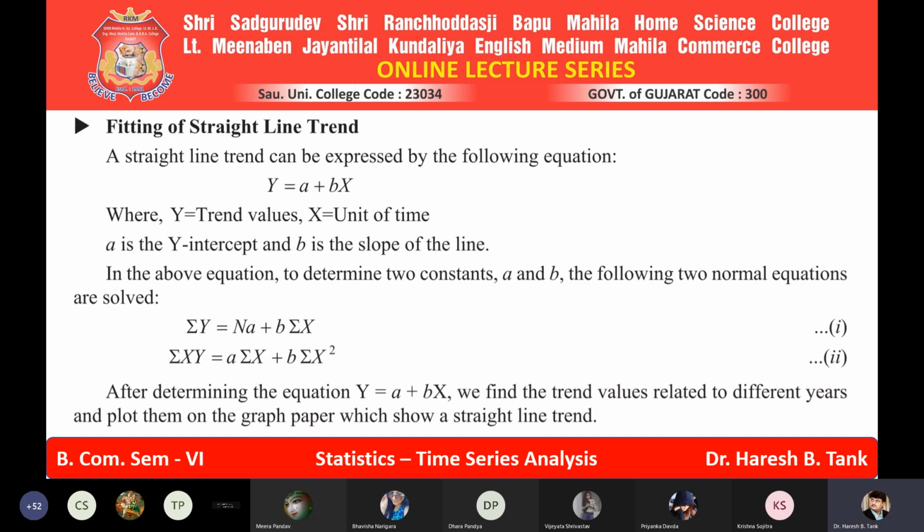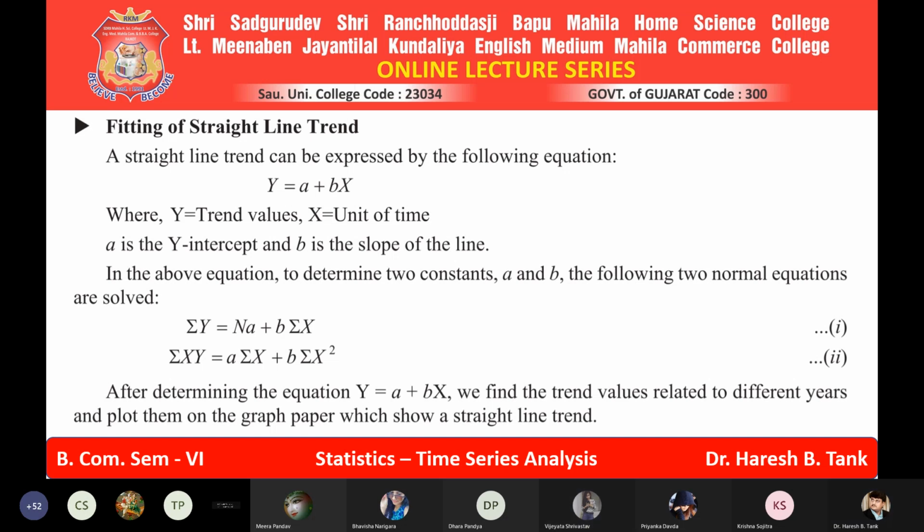So this equation will be transformed to summation of xy, which is equal to a times summation of x plus b times summation of x square. x is already there. We are applying one more summation of x in that case. That is why it comes to summation of x square. Is it clear?